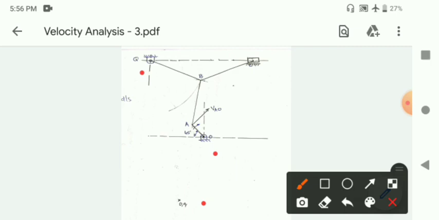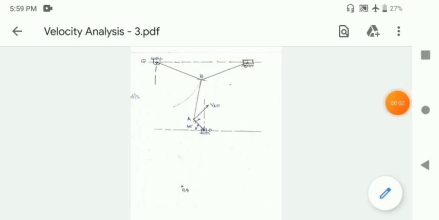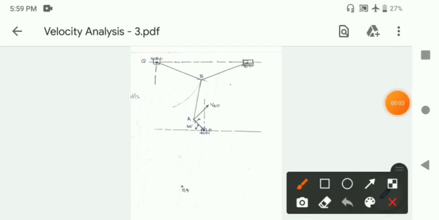That is small letter o, q. After locating the fixed point, now we need to draw a line from the fixed point, that is o, q, such that the line is parallel to the direction of velocity of A relative to O.